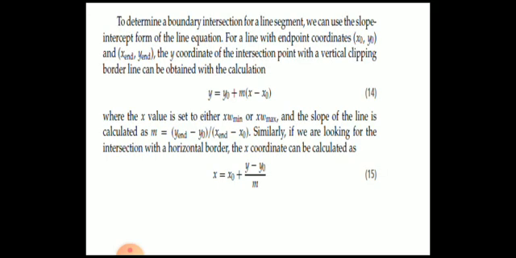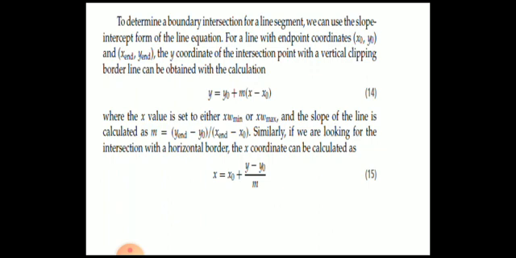Now, the next question is, how do you determine the intersection point? How do you find out the y-intercept and the x-intercept of any intersection point? To determine a boundary intersection for a line segment, we can use the slope-intercept form of the line equation.